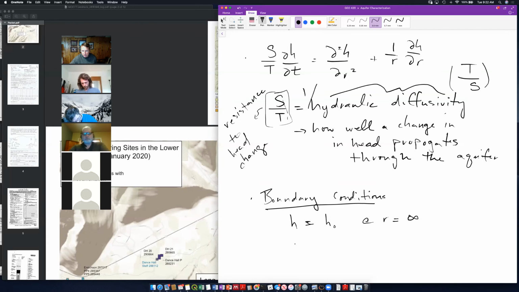The other is an initial condition that H is equal to H naught at t equal to 0 for all r's.